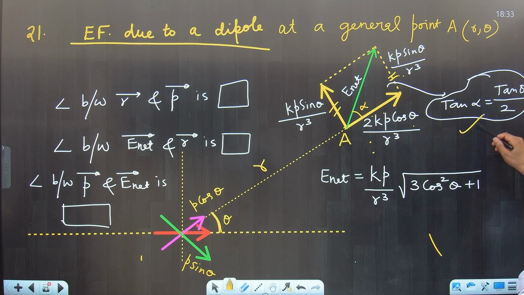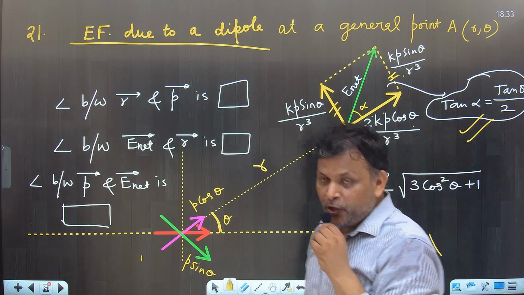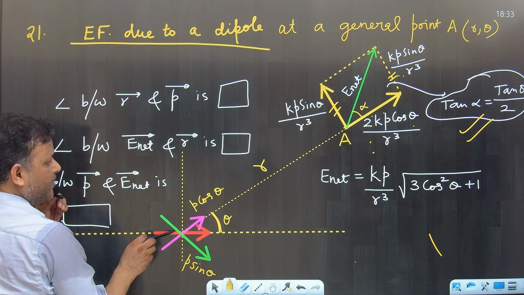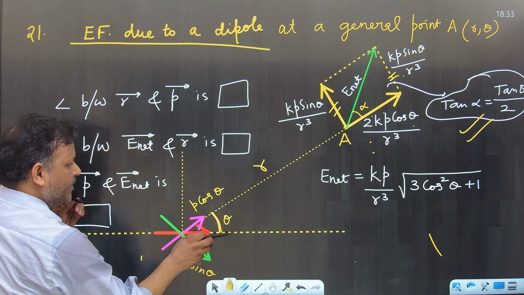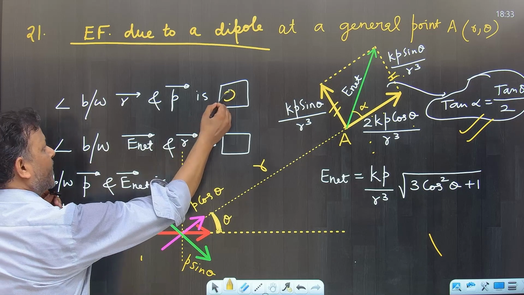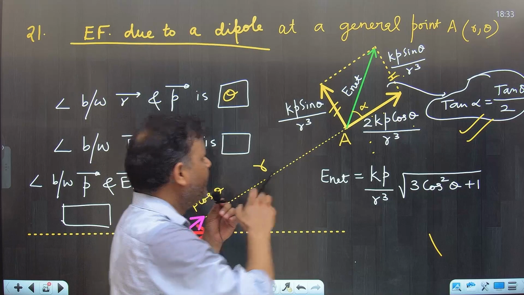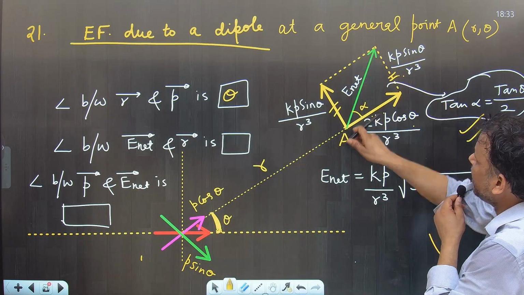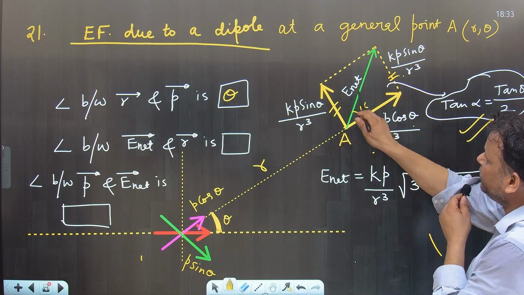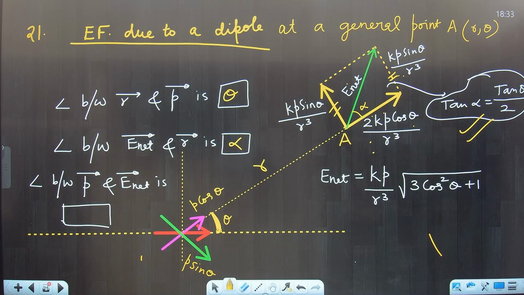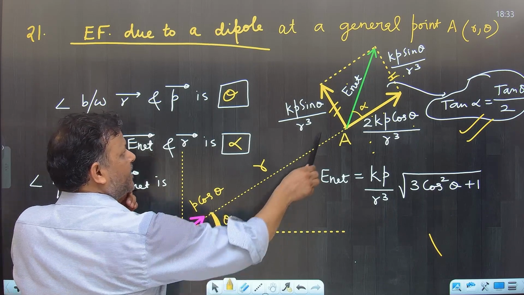So you will get tan theta by 2. Tan alpha is tan theta by 2. You can observe here that the angle between r vector and p vector is theta, and the angle between E net vector and r is alpha. E net is here, r is here. And p is here, E net is here.